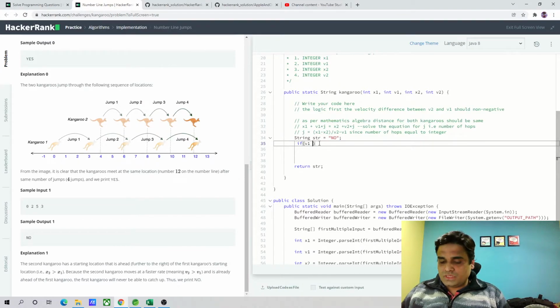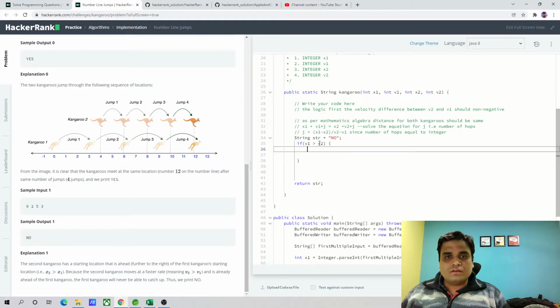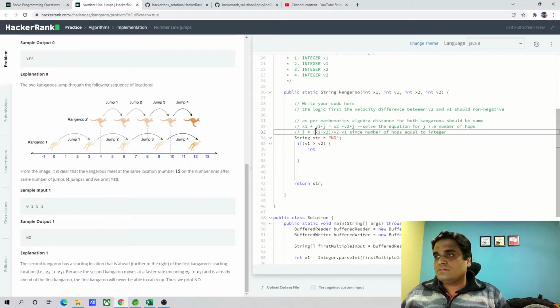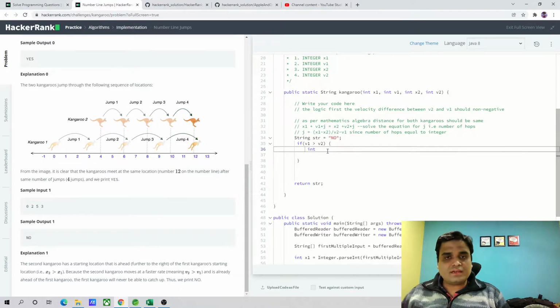So we assume v1 is greater than v2. Now let's create the difference between x2 and x1: xdiff equals x2 minus x1.